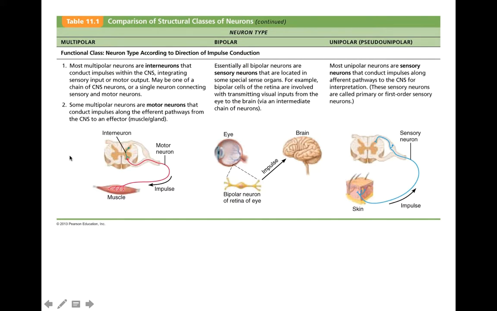They deal with the integrative processing, so they are the neurons that connect the other things. And then motor neurons. So your motor neurons that are dealing with skeletal muscle, cardiac muscle, glands, all of that, those are going to be multipolar in structure. So interneurons and motor neurons are multipolar.